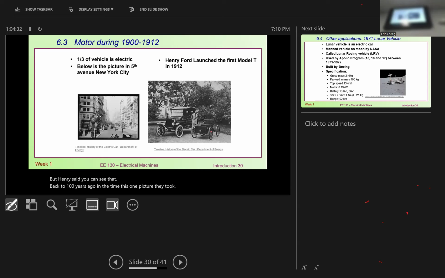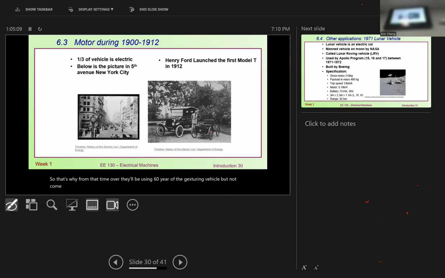At that time, one third of vehicles were electric and two thirds were gasoline. Surprisingly, 100 years ago, a good portion of vehicles used electric motors. But after 1912, we got really good development of the ICE, so the ICE performed much better than the motor during that time.